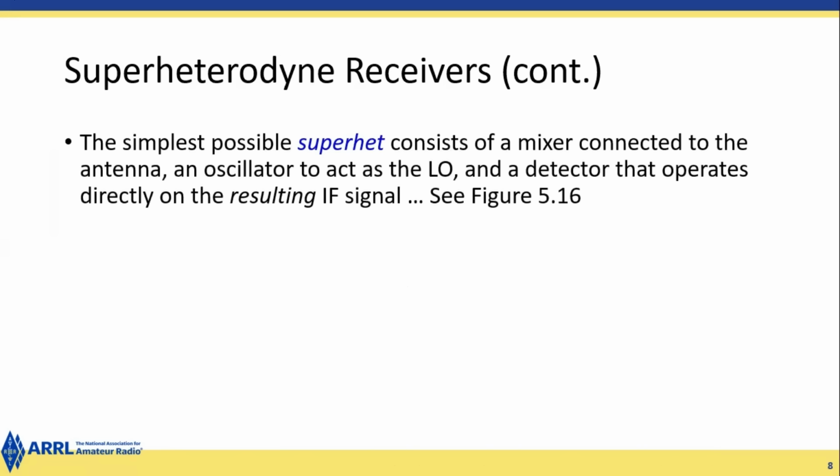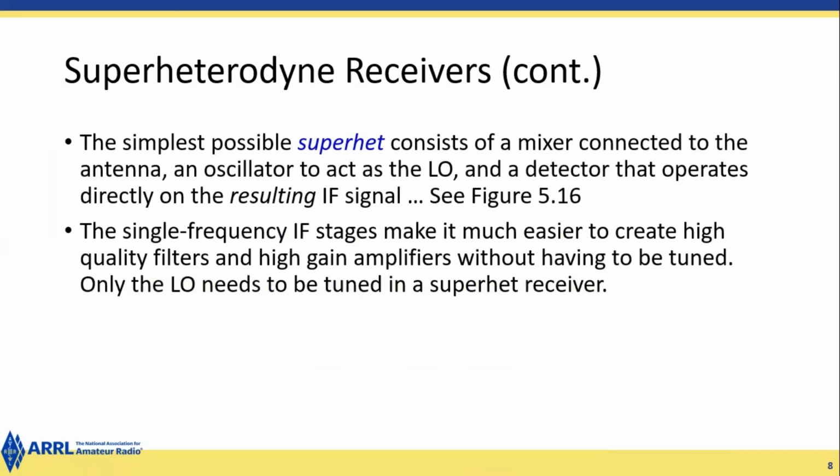The simplest possible superhet consists of a mixer connected to the antenna, an oscillator to act as the local oscillator, and a detector that operates directly on the resulting IF signal. The single frequency IF stage makes it much easier to create high quality filters and high gain amplifiers without having to be tuned. Only the LO needs to be tuned in the superhet receiver.